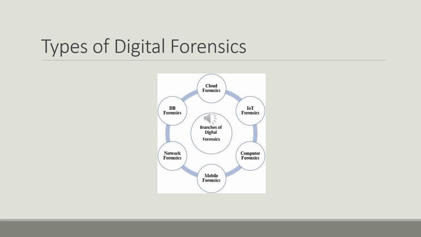Computer forensics focuses on computers or laptops, and mobile forensics is performed on smartphones. Finally, as you can imagine, database forensics focuses on databases. Although they differ in capabilities and devices that they interact with, they all share a common goal of analyzing and preserving digital evidence. They also have the same foundations at their core, which we will go over in the next slide.